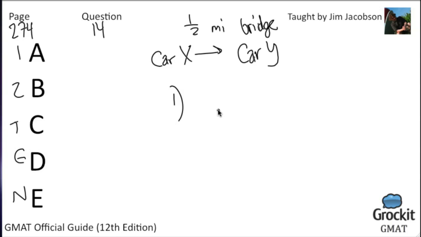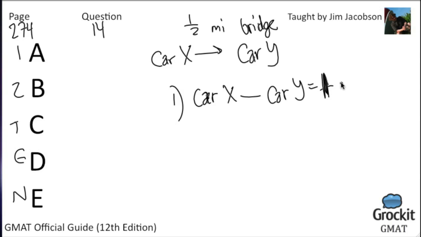So basically, it gives us that car X is going 1 second faster than car Y. I guess this would be car X minus car Y equals 1.